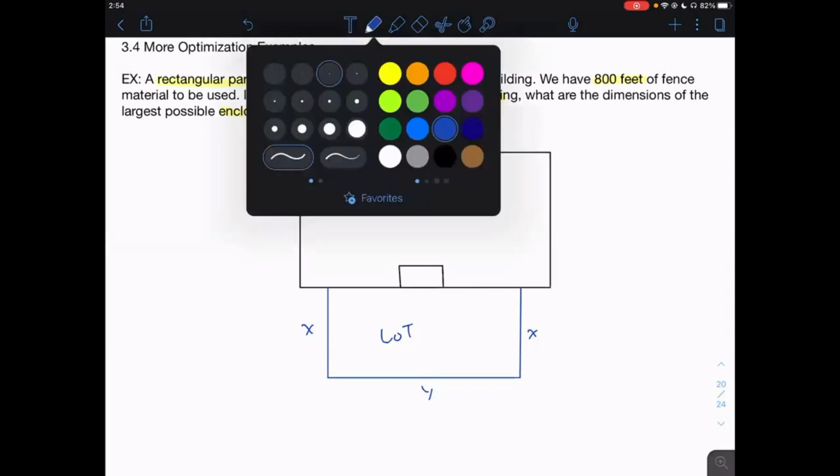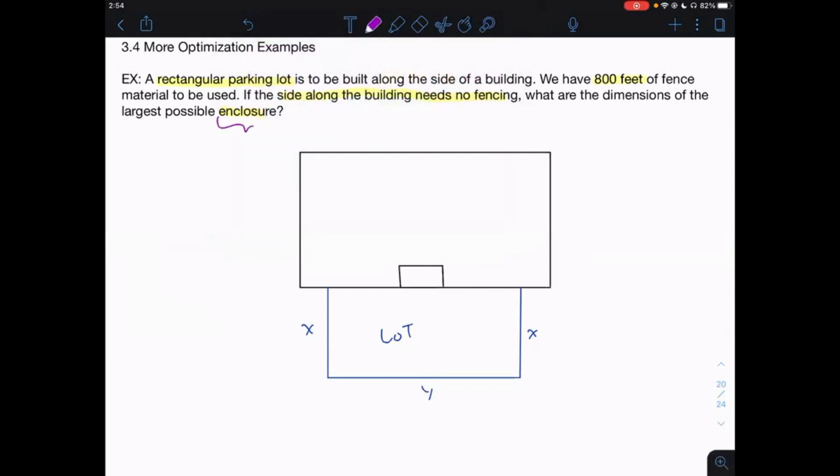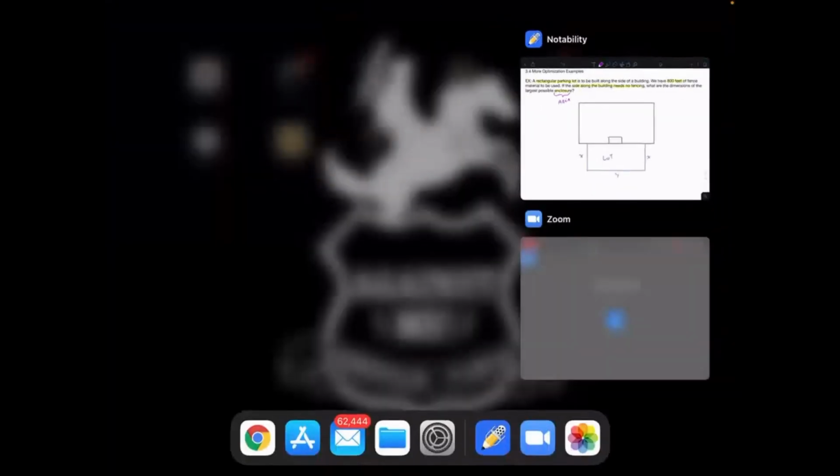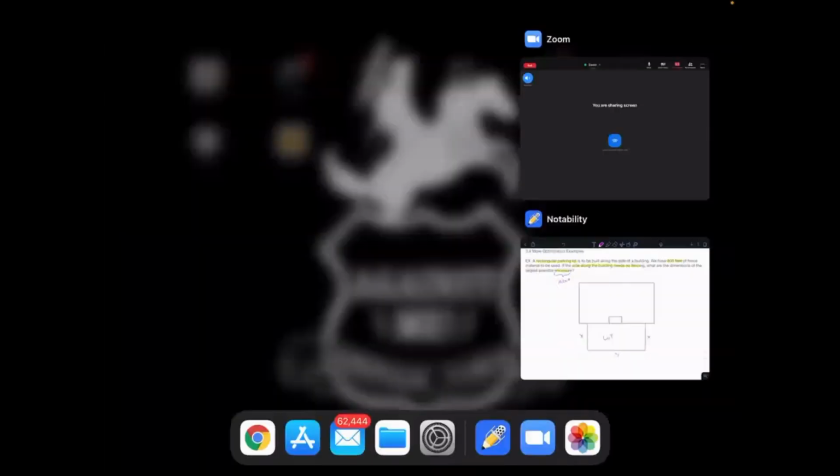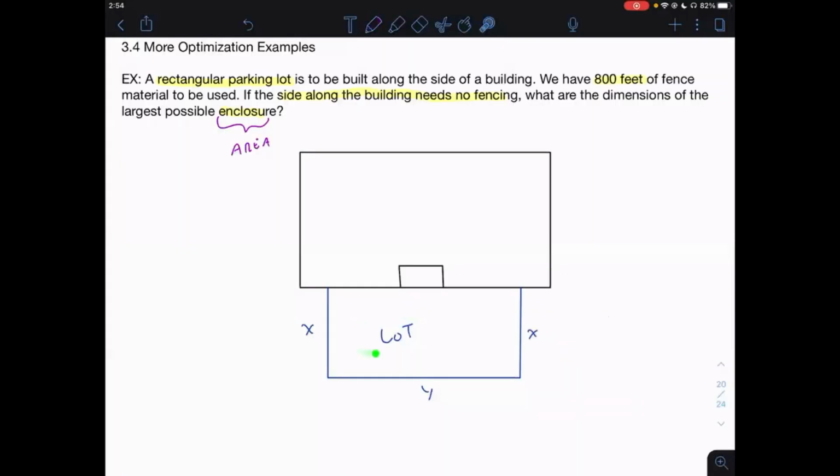Okay, enclosure means area. So for these types of problems, if you see a word where you're trying to either minimize or maximize some enclosure, that means you're trying to minimize or maximize the area of the shape that you're looking at. So we want to maximize the area of this rectangular parking lot.